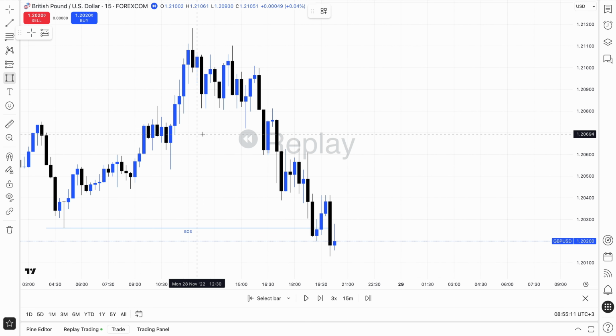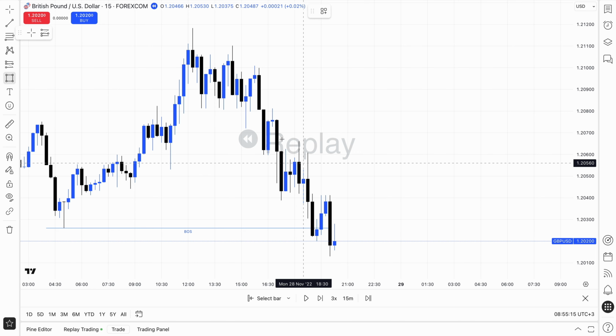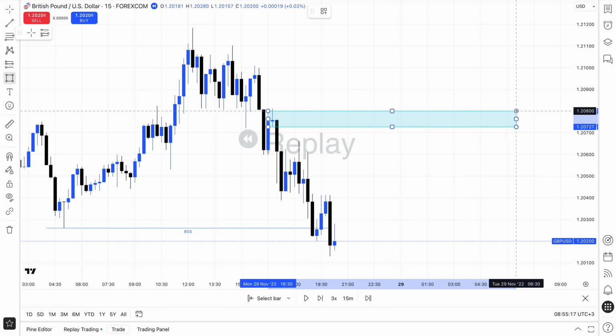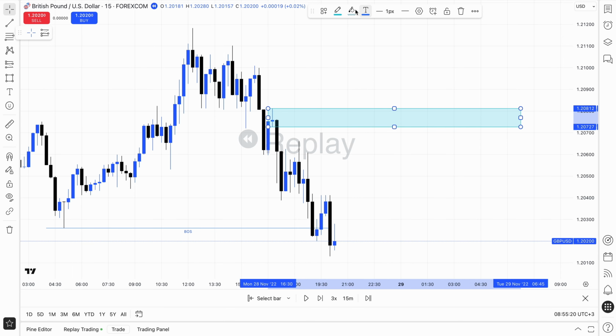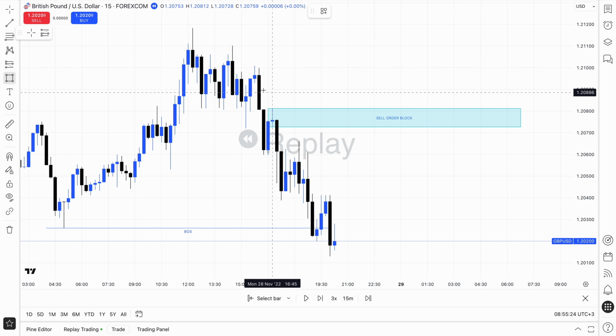And then you go to 15 minutes to see our last break to buy. This is our sell order block, and you have another sell order block, which is this one.